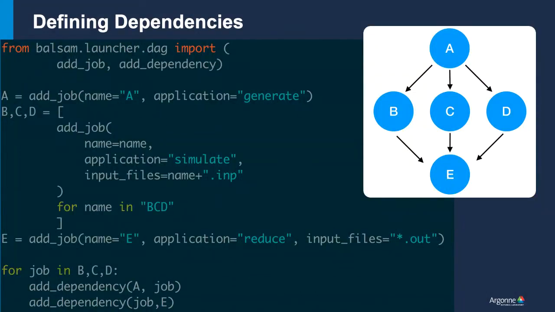So in this way, we've set up a fairly sophisticated task graph in just 3 lines of code. And this is a very useful way to control how data will move from parent to child jobs. We can use input files to specify what's going to move from parent to children, and we can set up workflows in this fashion.